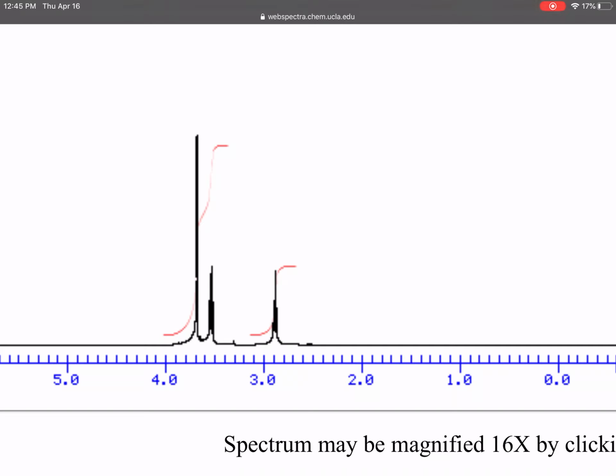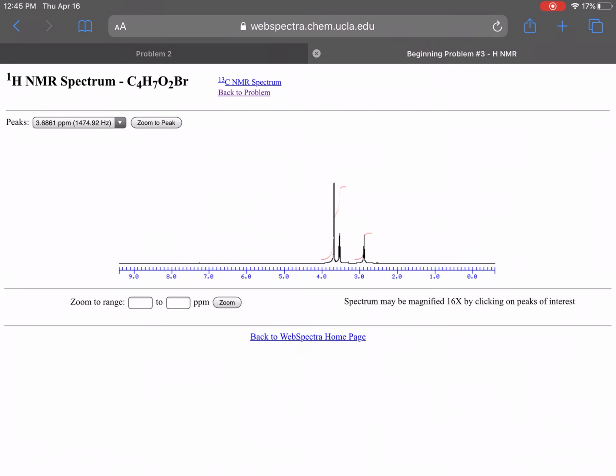Again, if we multiply everything by 2, that gives you a 3 to 2 to 2 ratio. So I think in this case, signal A is being caused by 3 H's, signal B is being caused by 2 H's, and signal C is also being caused by 2 H's. That equals 7 H's, which does match up pretty well to the formula.